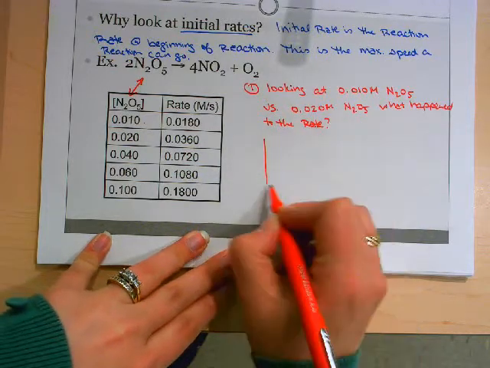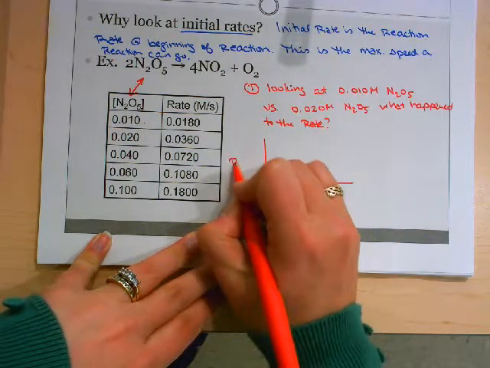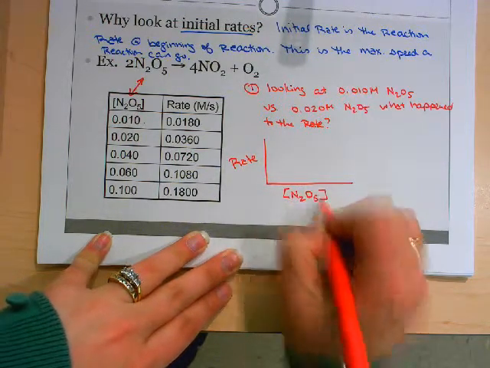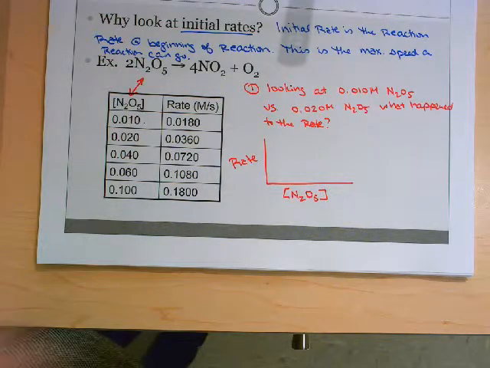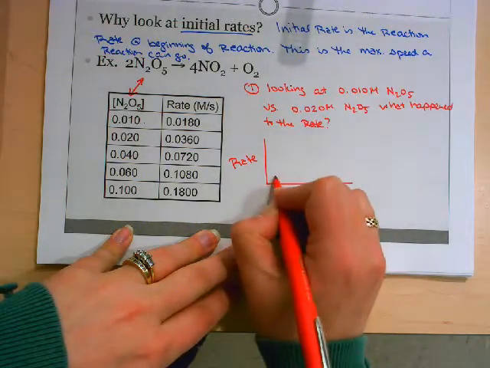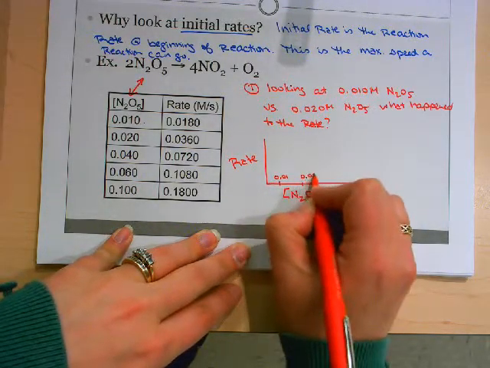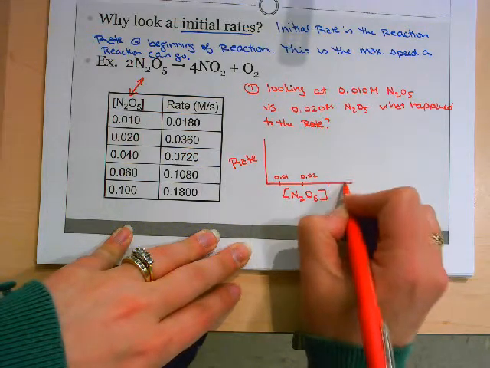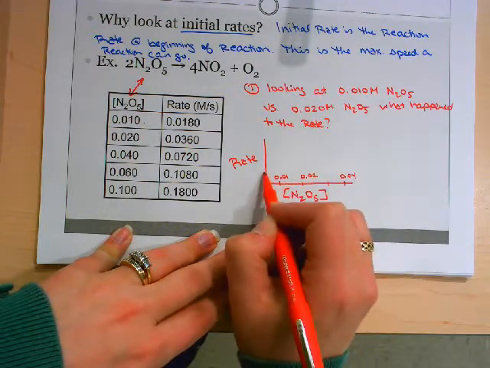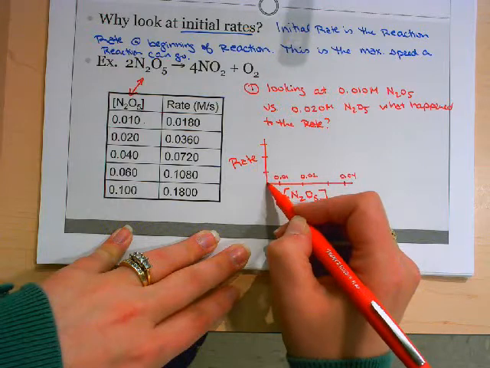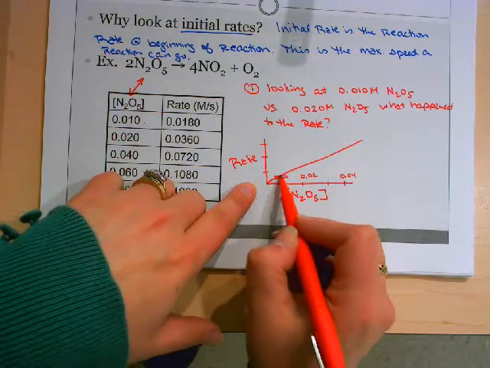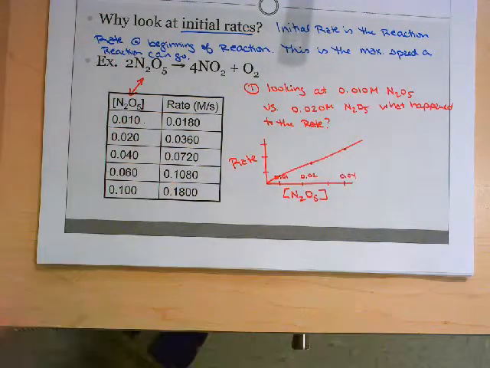So much so that I could even throw out a graph. I didn't leave myself any space. Right, the rate was this. It should be nice and linear and look something like that, right? So as this doubles, that doubles, this doubles, that doubles, this doubles, that doubles. Right?